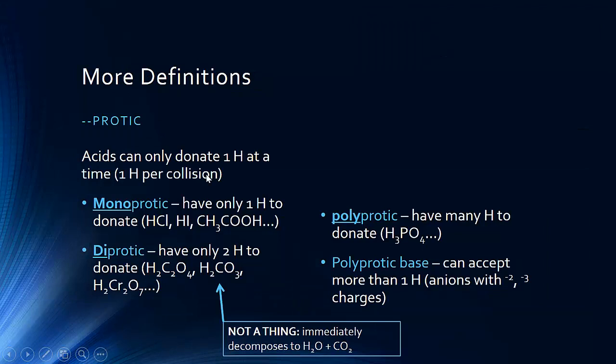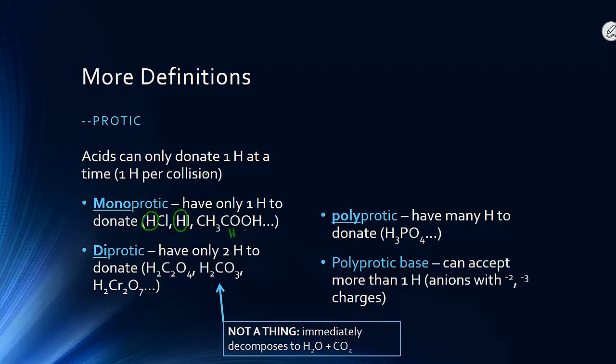Now, when we've been looking at acids and bases, we can define an acid or base depending upon how many hydrogens or hydroxides it can accept. When it comes to an acid, if something is monoprotic, that means it has a single hydrogen that it can donate. In an Arrhenius acid, monoprotic acids start with hydrogen, and it's that hydrogen at the beginning of their formula that can be donated.